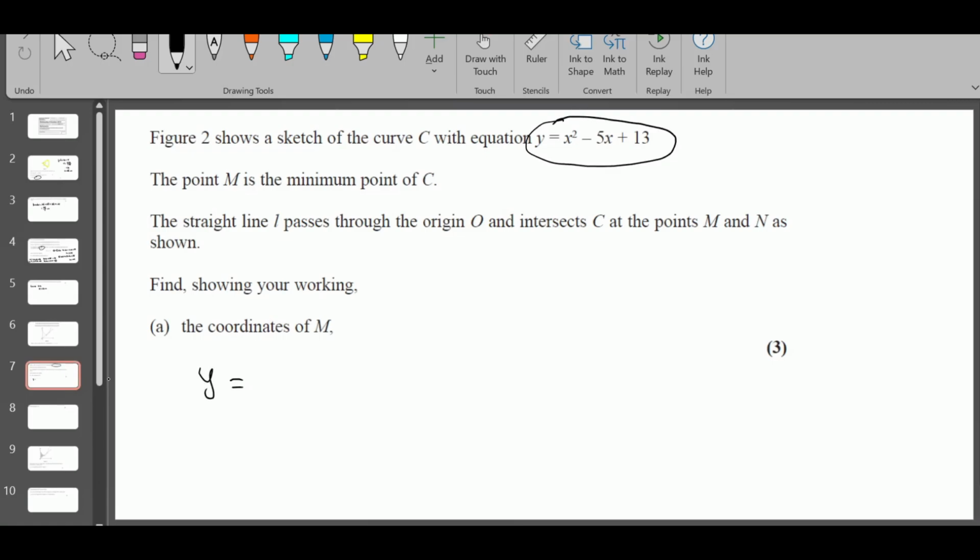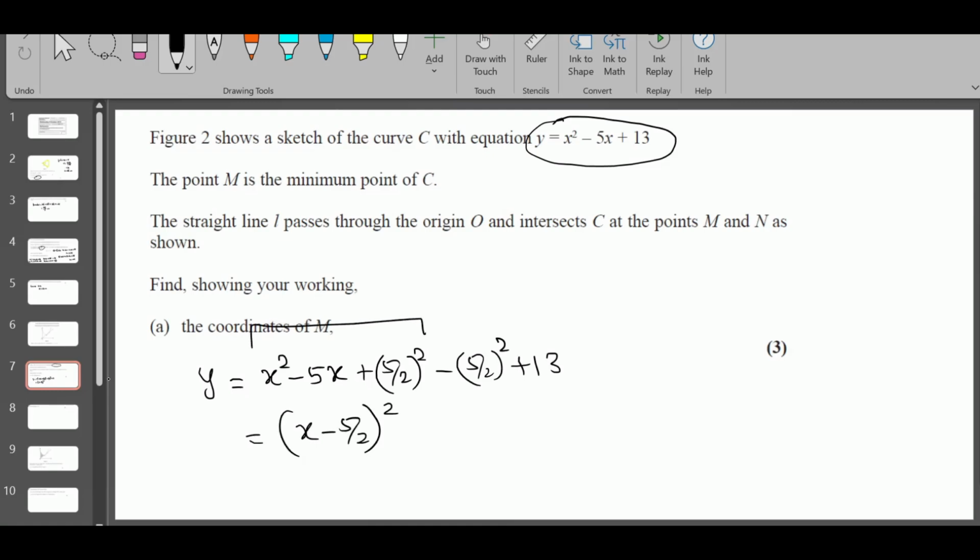So y is equal to x square minus 5x, half of 5 is 5 over 2. So plus 5 over 2 square minus 5 over 2 square plus 13, which is x minus 5 over 2 whole square. You can combine the three terms into x minus 5 over 2 whole square minus 5 square over 2 square plus 13.